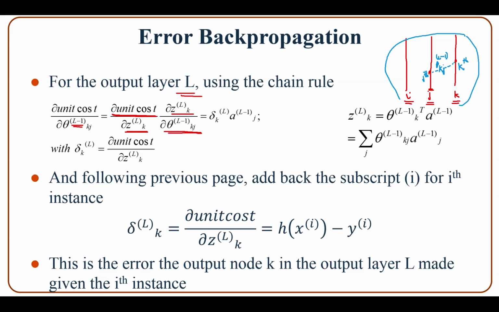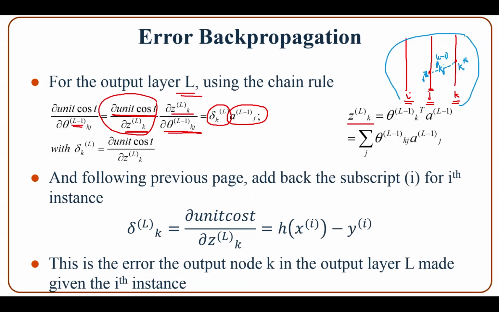Theta L-1 kj connects the kth node in the output layer to the jth node in the layer just before it. And we denote the first derivative delta Lk, and the second derivative is actually a L-1 j.